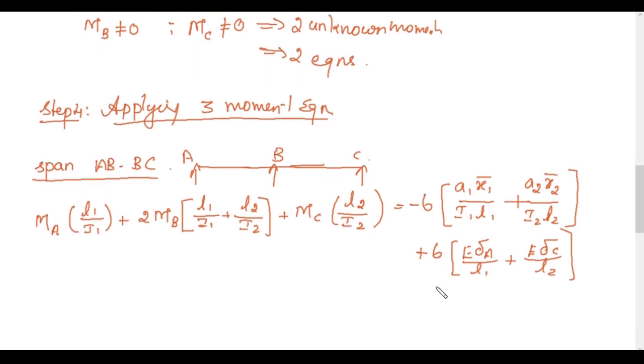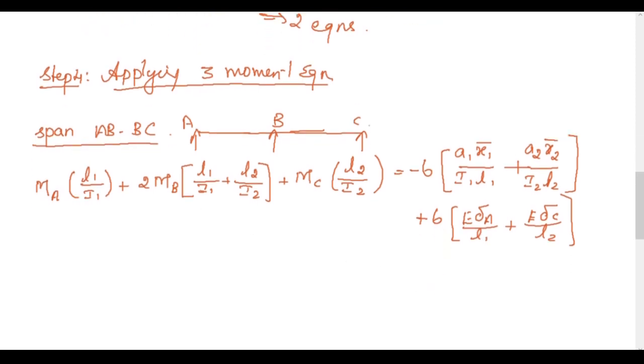Now, we know MA is equal to 0, so this term becomes 0. MB is not equal to 0. But there is no change in the moment of inertia of the sections, so I1 will be equal to I2 equal to I. MC is not equal to 0.